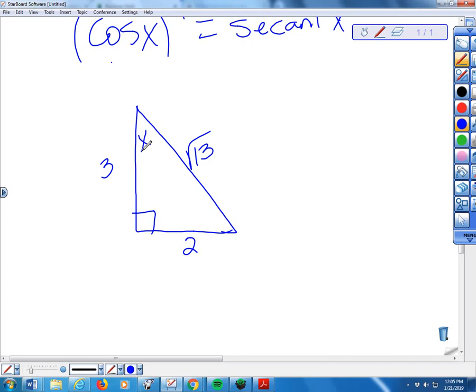Okay, if you want to say sine, okay, sine x equals what? 2 over, what's sine, SOHCAHTOA? 2 over the square root of 13. Sine is opposite over hypotenuse. So SOH, sine is opposite hypotenuse. Okay, so if I want to find the angle, I have to take the inverse sine of both sides, to undo sine here.